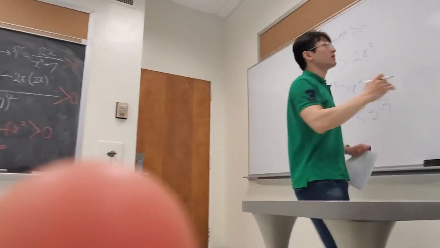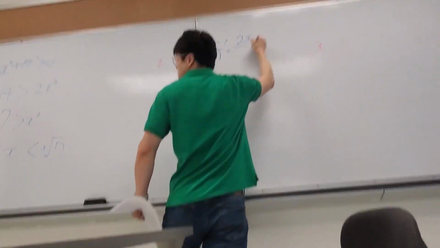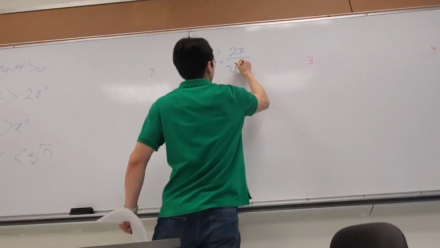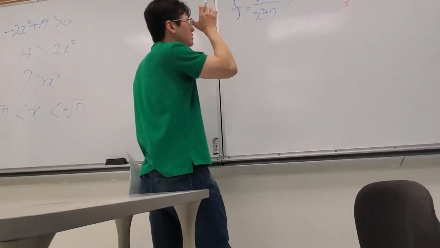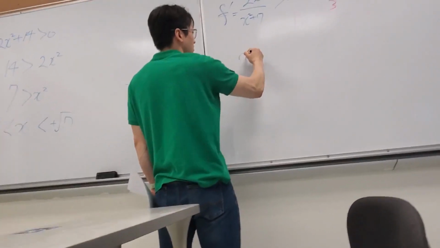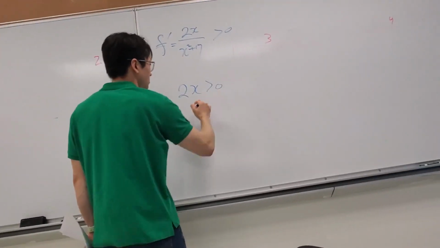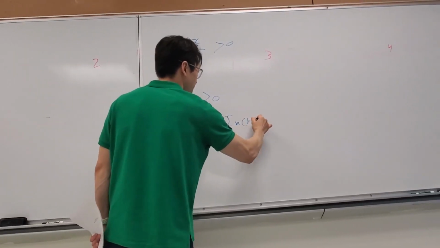If I ask where this function increases, just set this greater than 0, then solve it. So we have f prime is 2x over (x squared plus 7), and set this greater than 0, right? The bottom part is always positive, so 2x should be greater than 0, therefore x is greater than 0. So this is increasing.